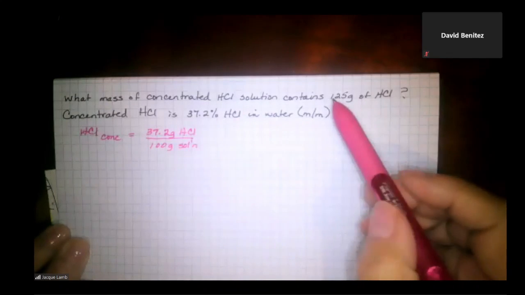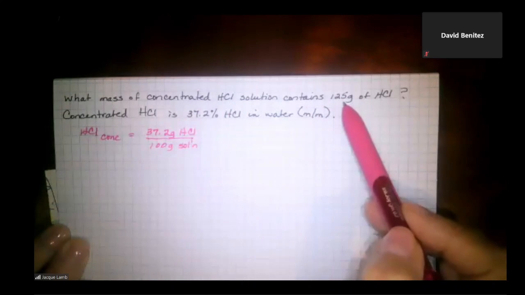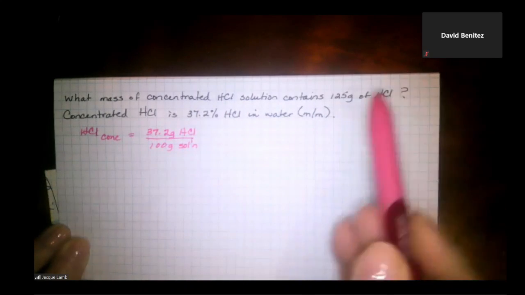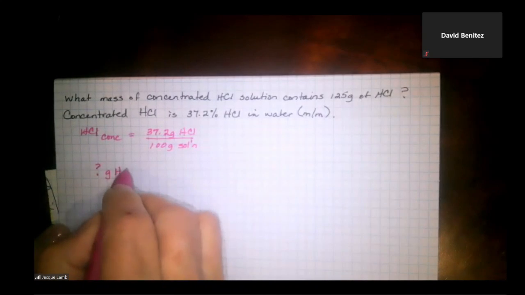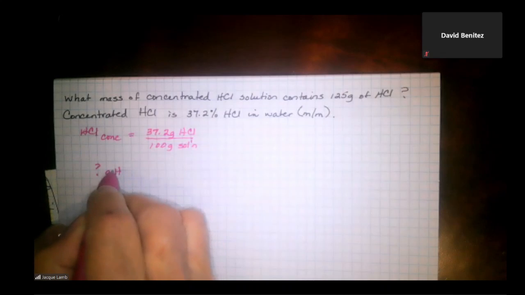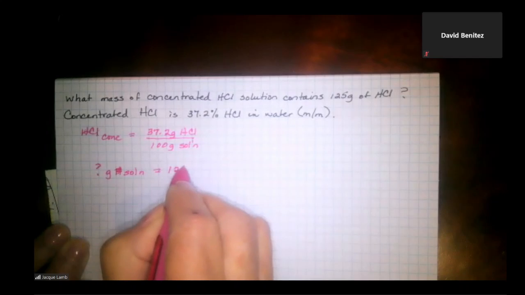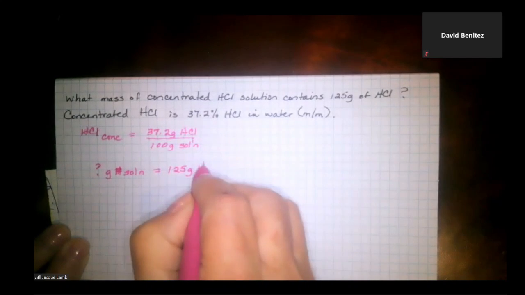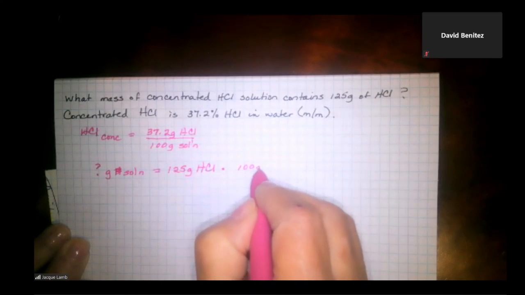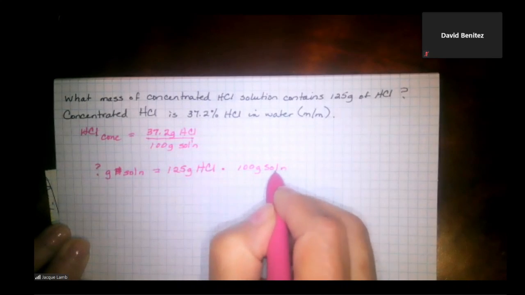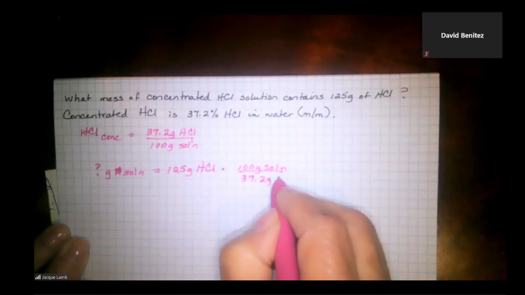So I want to know what mass of solution contains 125 grams of HCl. So I can ask the question, how many grams of solution equals 125 grams of HCl, if 100 grams of solution contains 37.2 grams of HCl.